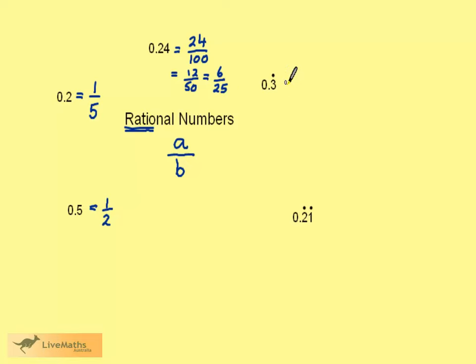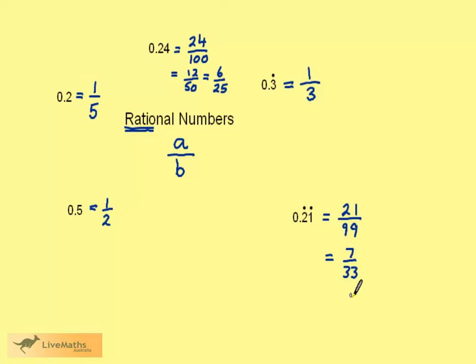We also have no problem with recurring decimals. 0.3 recurring, we should know, is 1/3. If we have 0.21 recurring, this can be written as 21 over 99, which cancels to 7 over 33.